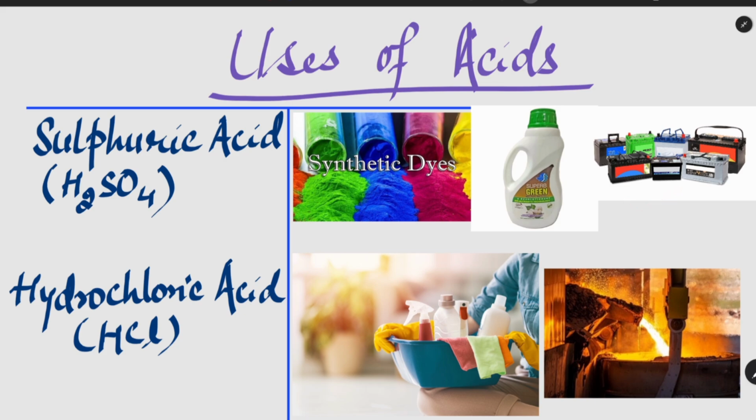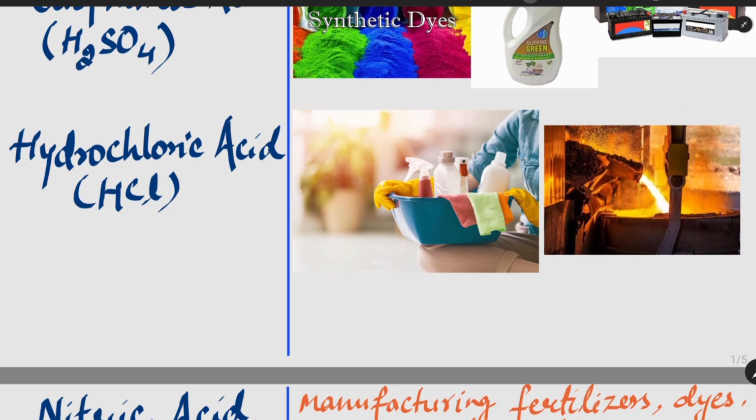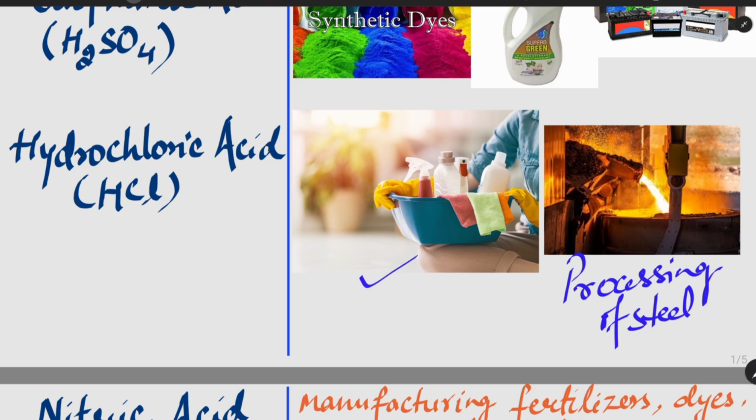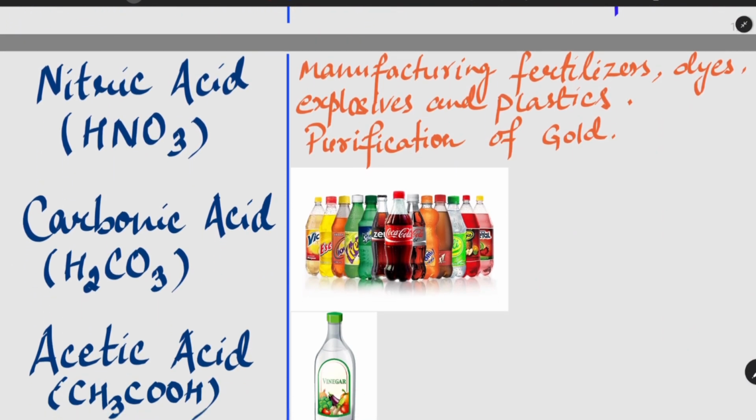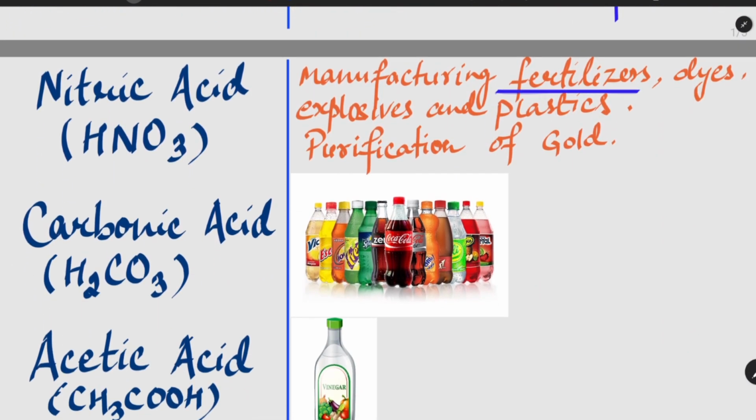Then hydrochloric acid is used in the processing of steel, as you see in this picture. HCl is also used in household work, in many household cleaners. Then nitric acid, HNO3, we use to manufacture fertilizer, dye, explosives and plastic. It is also used in the purification of gold.